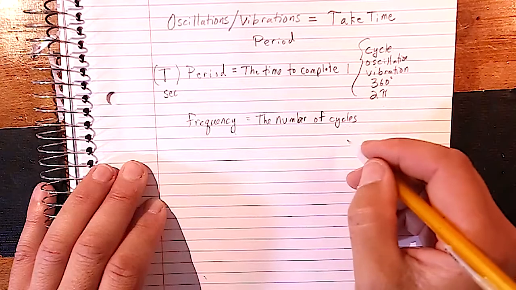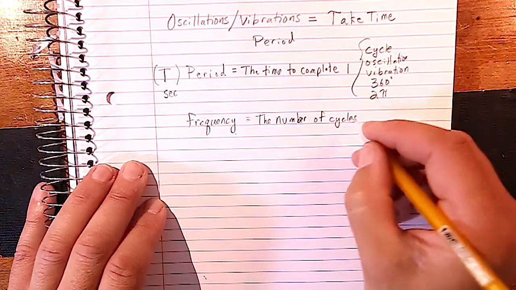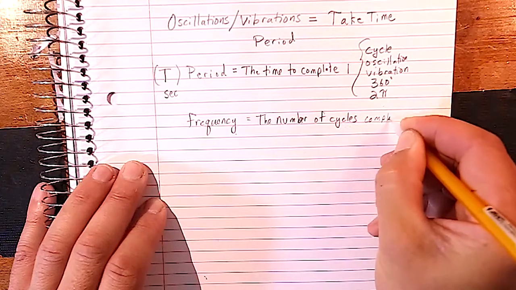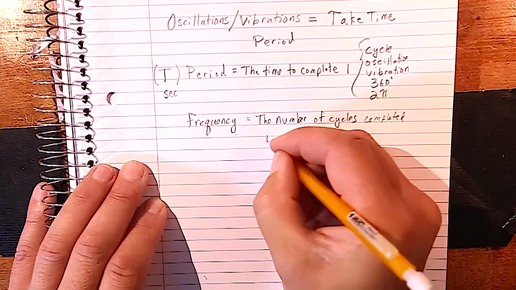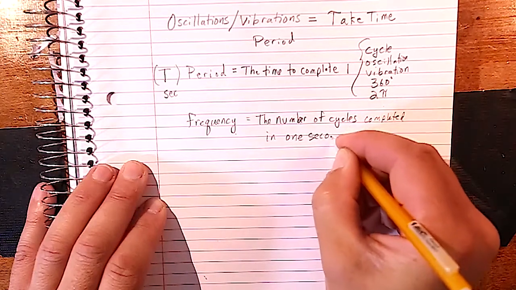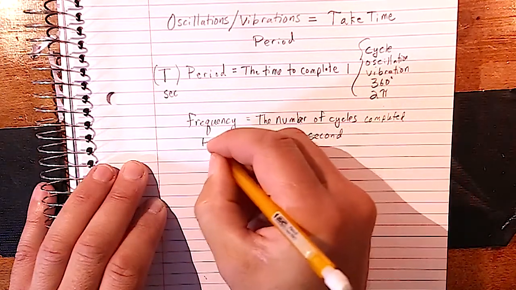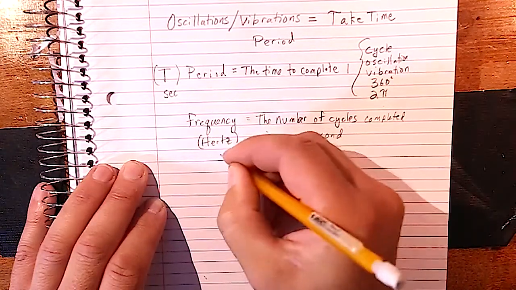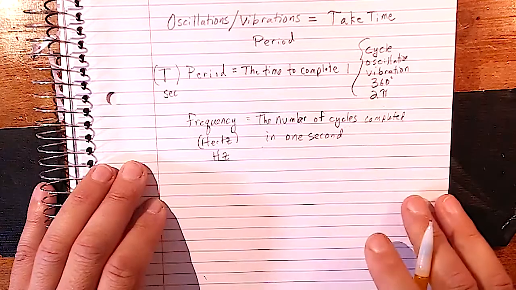But usually the word cycle is used when we're talking about frequency. So the number of cycles completed in 1 second. And if we're doing this in 1 second, then we use a unit called the hertz, and hertz is abbreviated Hz.